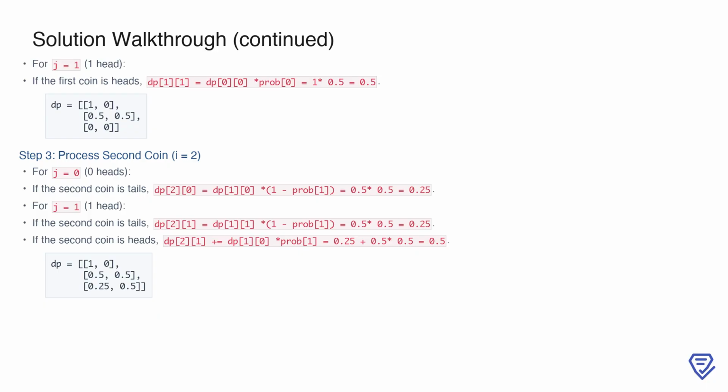If the second coin is tails, dp[2][1] equals dp[1][1] * (1 - prob[1]), which computes to 0.5 * 0.5 equals 0.25. Additionally, if the second coin is heads, dp[2][1] += dp[1][0] * prob[1], resulting in 0.25 + 0.5 * 0.5 equals 0.5. The updated table now reflects these values.